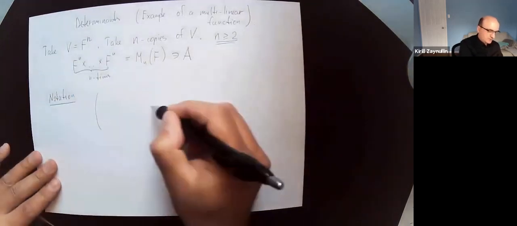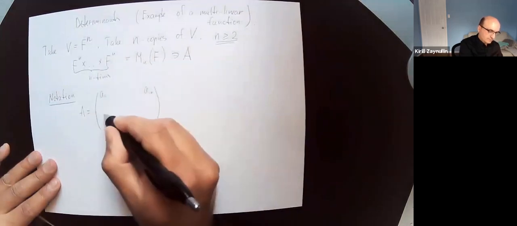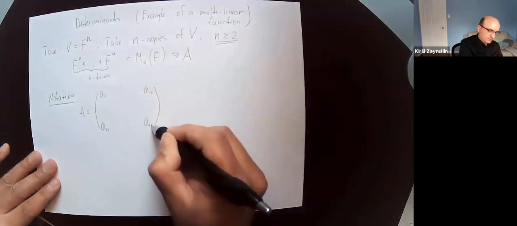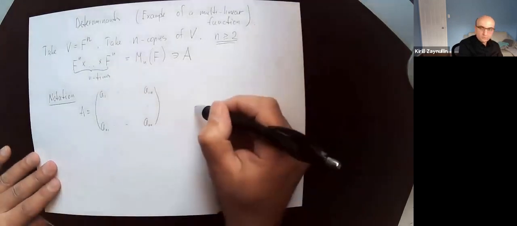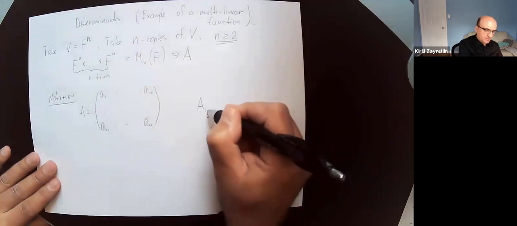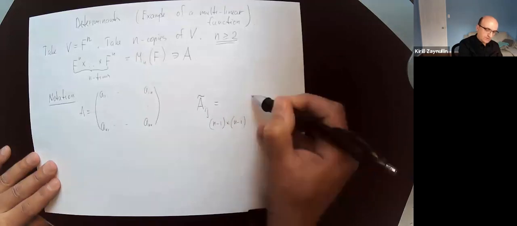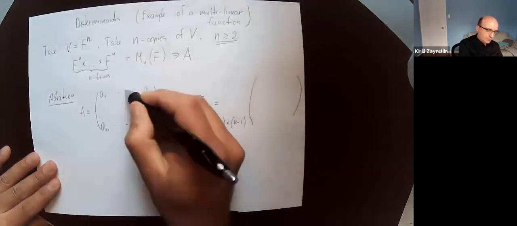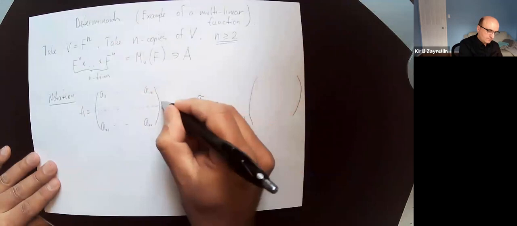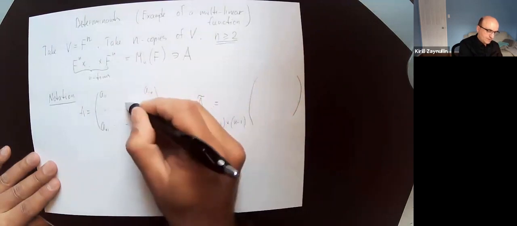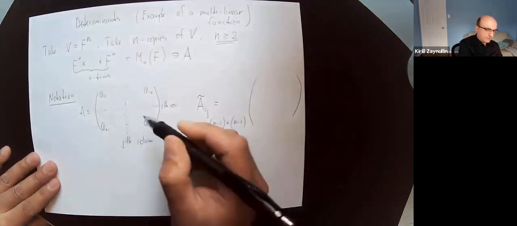So suppose we take a matrix A, with entries A11, ..., A1n, up to An1, ..., Ann. And we would like to use the following notation: A tilde ij for the n-1 by n-1 matrix obtained by removing the ith row and the jth column of the matrix A. I just pick up the ith row and the jth column of the matrix A, and then I just remove them.